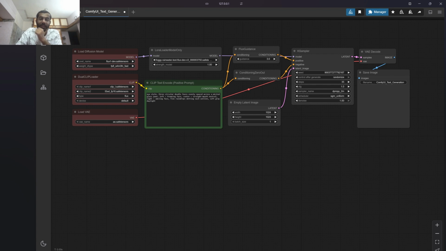And this is my main LoRA node. I've loaded my version 3 LoRA. Specifically in my case, strength 1 has worked out well.